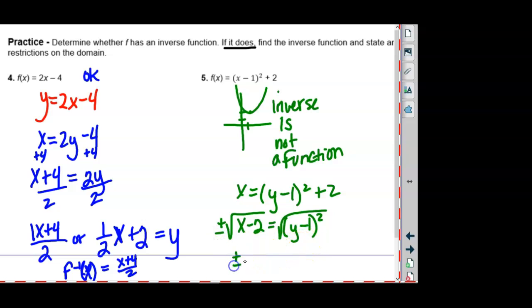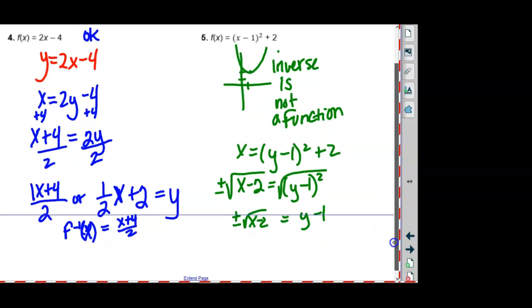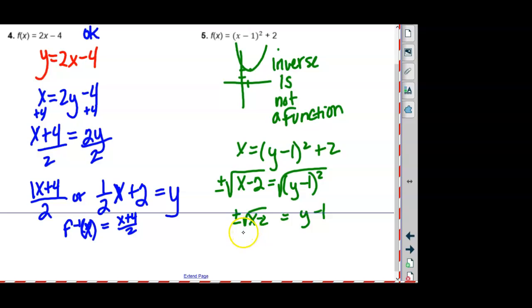So then you'd have plus or minus the square root of x minus 2 equals y minus 1. So the last thing you would do is add 1 over to the other side. So you could write it either like this or put the 1 out in front. But it's not going to give you a function, so it said we didn't even have to do it. I just wanted to show you the inverse steps.